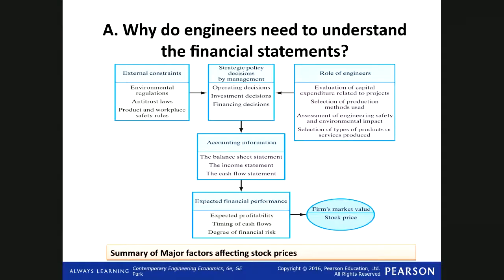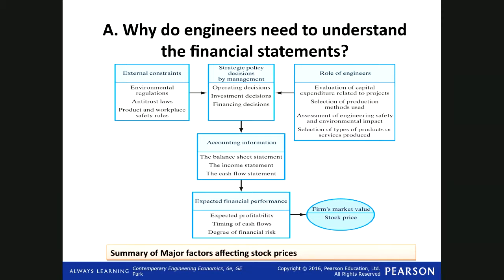Investment decisions may come once or twice a year. These are not daily decisions. Operating decisions are made every day, like purchase of material and payment to the suppliers. Investment decisions are made occasionally, about where to invest to start a new factory.